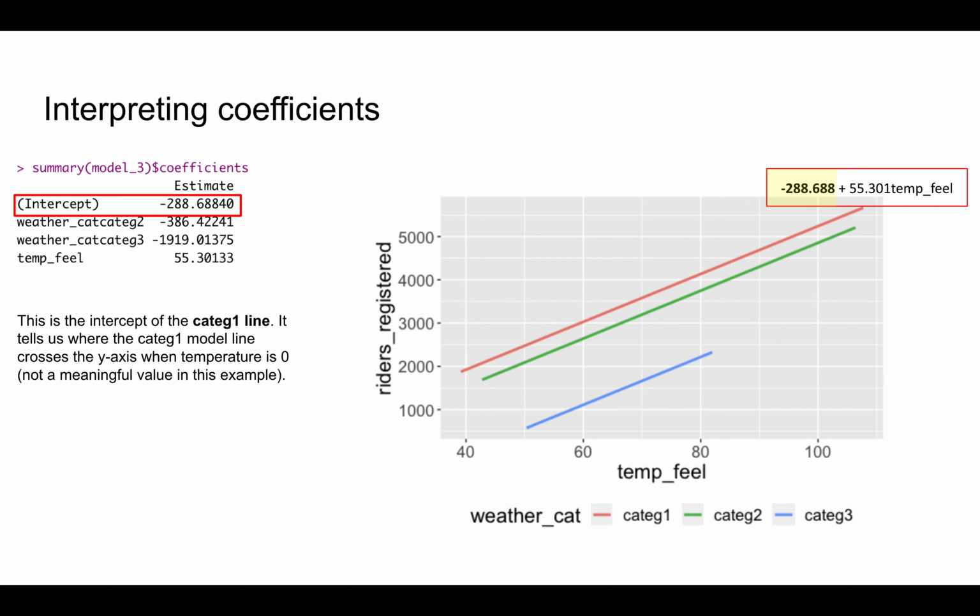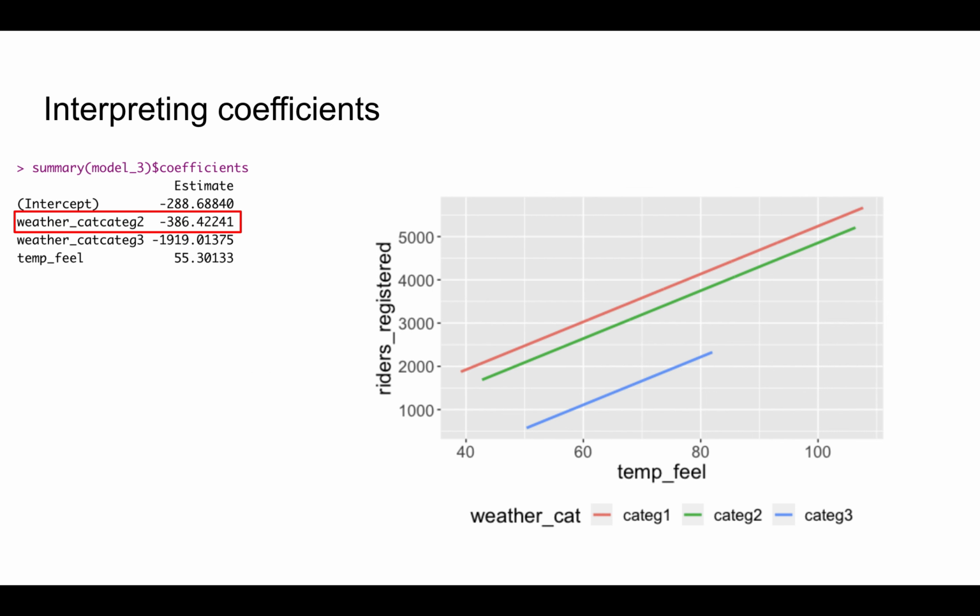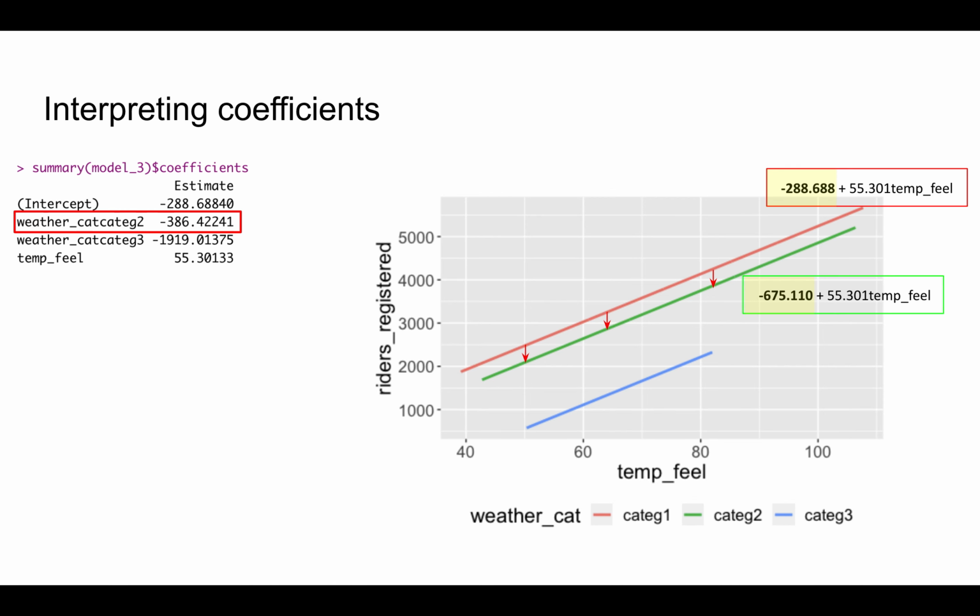Second, in building the model line for weather category 2, we noticed that the category 2 coefficient indicated a bump or change in the intercept of the category 2 line versus the category 1 line, dropping it by 386 riders, from negative 288.688 to negative 675.110.